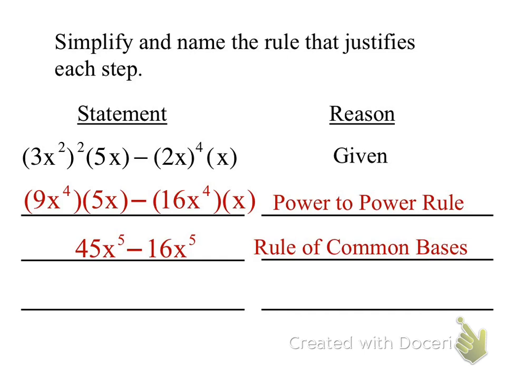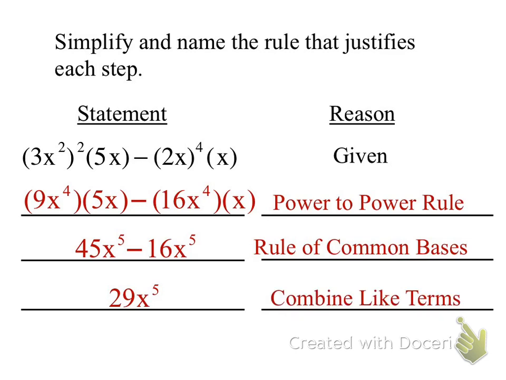So if they are like terms, the exponents do not erase, we don't subtract them. It's like I have 45x to the 5th, and I take 16x to the 5th away. How many x to the 5th do we have left? So when we subtract, 45 minus 16 is 29. So 29x to the 5th. And that is the rule of combining like terms.